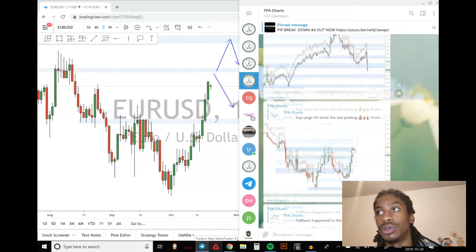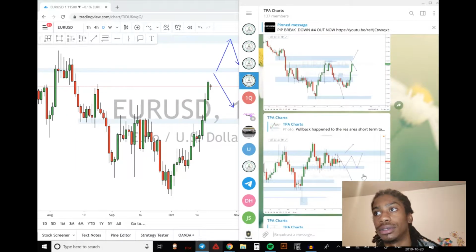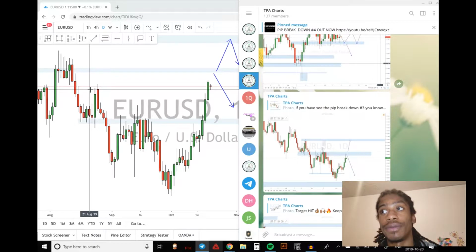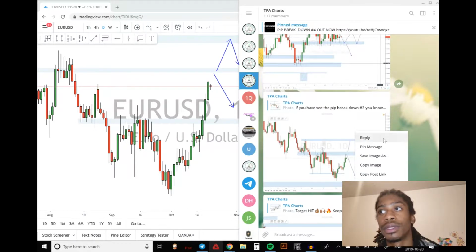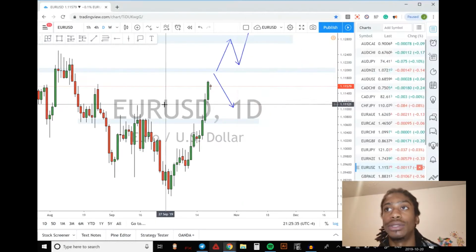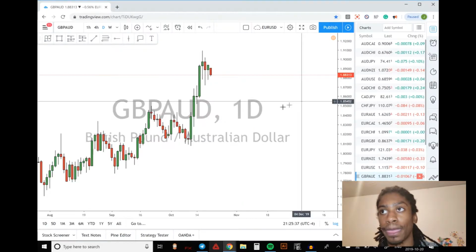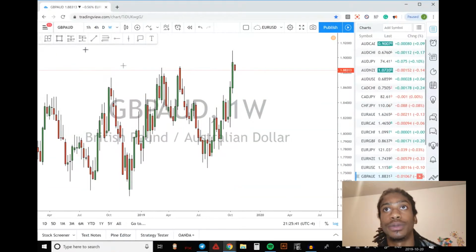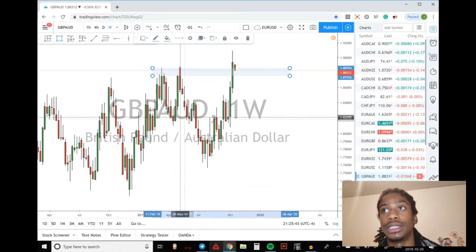So let's just go back. So yeah, we are expecting price actually hitting our take profit right now with Friday's candle. Let's jump on this pair. We have resistance here.